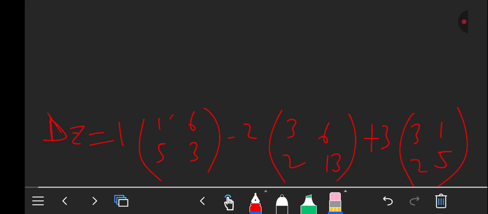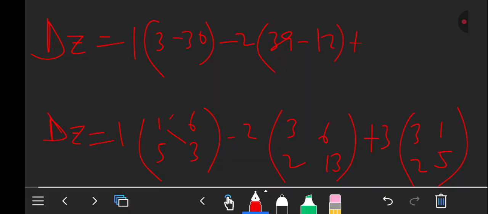So to find the determinant of z, we're just going to say 1 multiplied by, so 1 times 3, the major diagonal is 1 times 3 minus, so 1 times 3 is 3, 3 minus 5 times 6, that is a 30, then minus 2, 3 times 13, that is a 39, minus 2 times 6, that is a 12, then plus 3, that is 3 times 5, that is a 15, 15 minus 2 times 1, that is a 2.